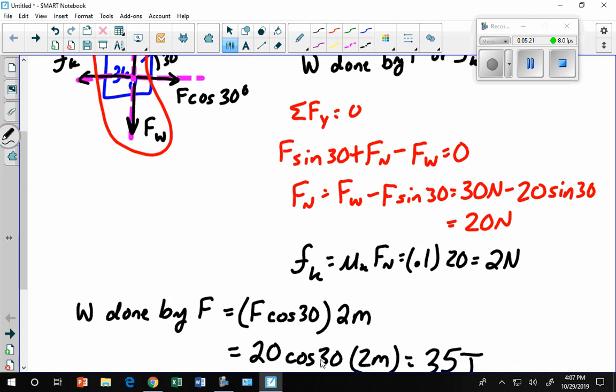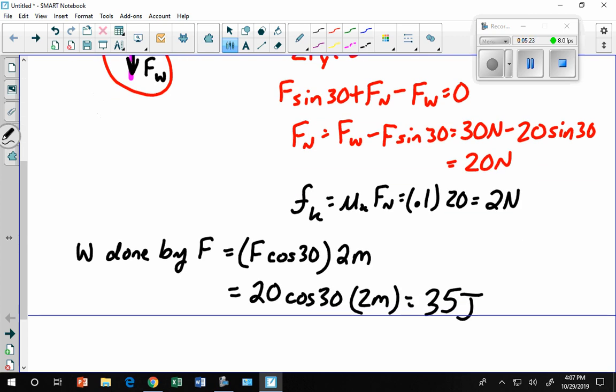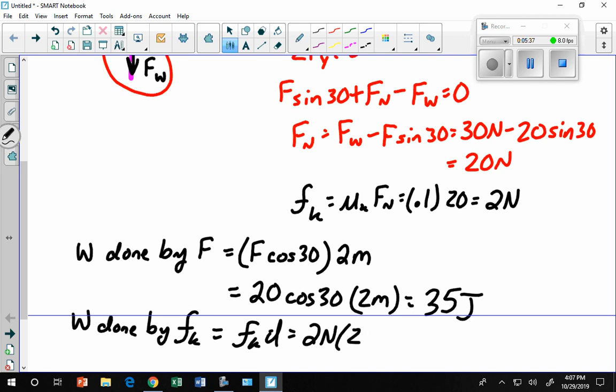I could also ask you, what is the work done by Fk? And the work done by Fk is going to be Fk times d, or 2 newtons times 2 meters, which is equal to 4 joules.